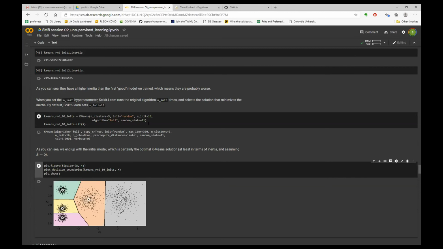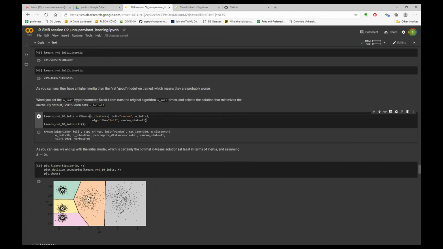So for fun, let's take n_init and make it 50 and keep the same random state. Looks the same. Let's drop n_init to 2.